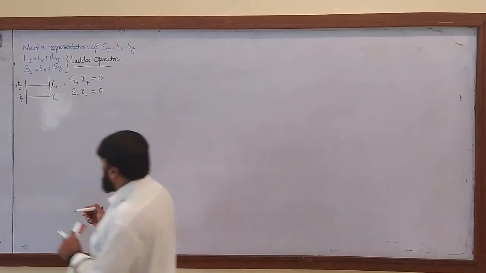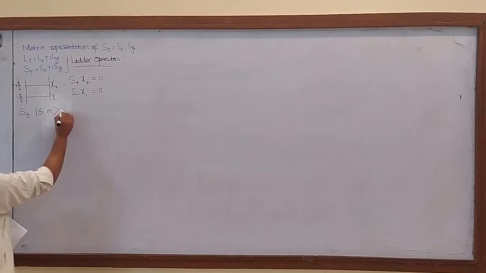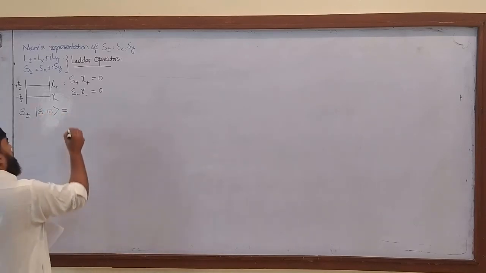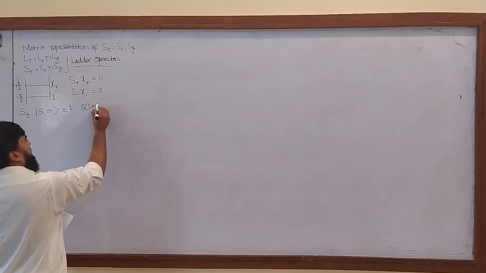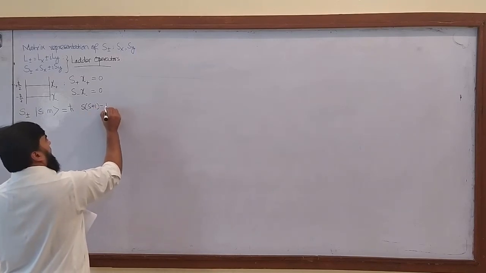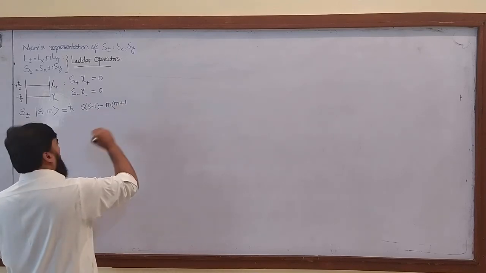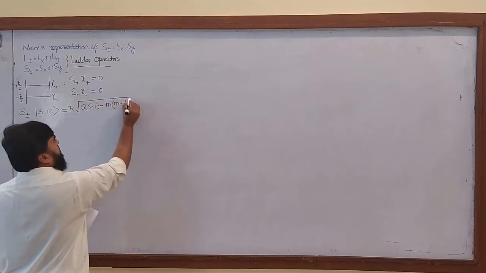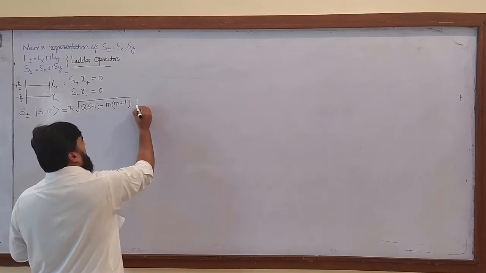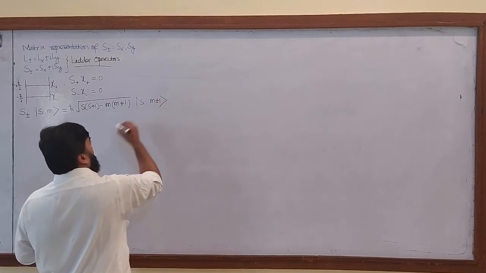While for S plus minus, I am writing a compact relation. When S plus minus operates on a state s, m, then this will be equal to h bar times the square root of s into s plus 1 minus m into m plus minus 1, and then the state s, while m will become m plus minus 1.